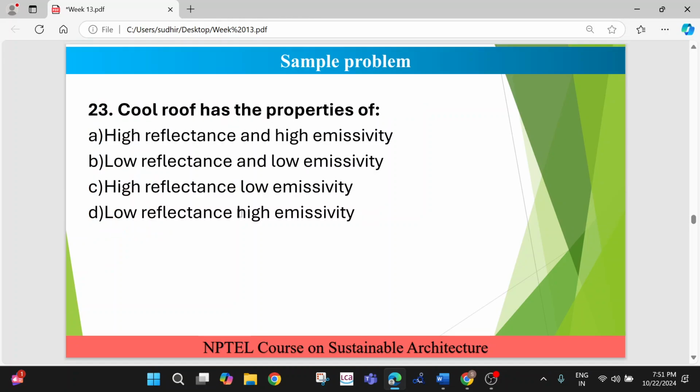Question number 23. What properties do you expect from the cool roof to function efficiently out of the four options?